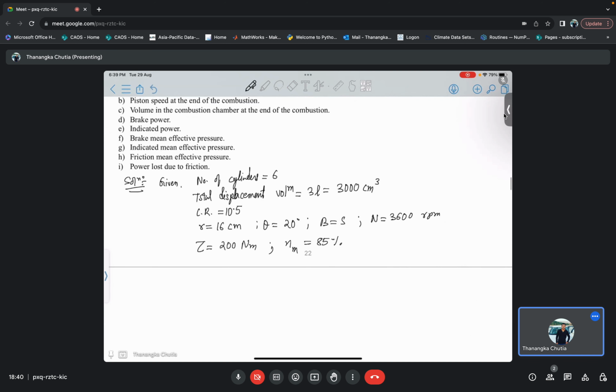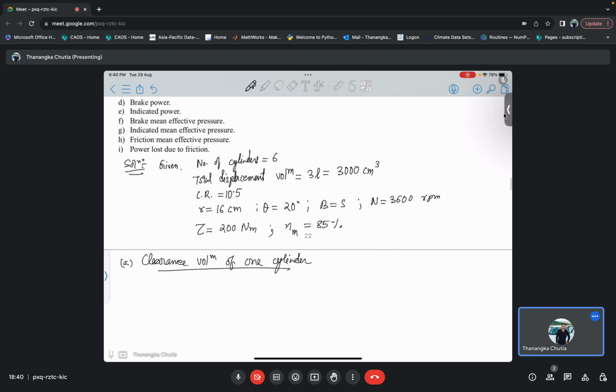Okay, so first of all we have to calculate the clearance volume of one cylinder. Okay, so Vs of one cylinder is equal to what? 3000 by 6, that is 500 centimeter cube.